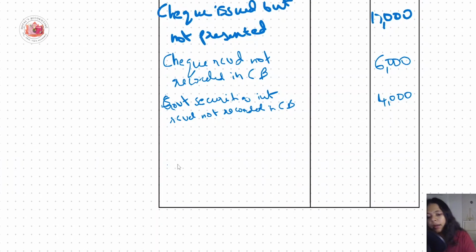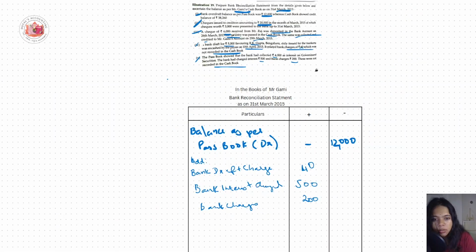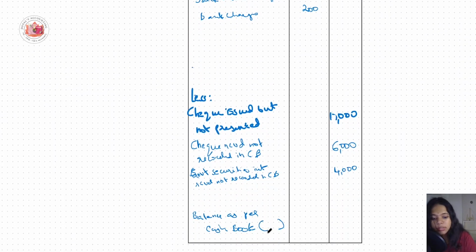Let's check our balance as per cash book. We should get the figure that has been mentioned in the question. Let's compute. Credit 38,260, we should get a credit balance.